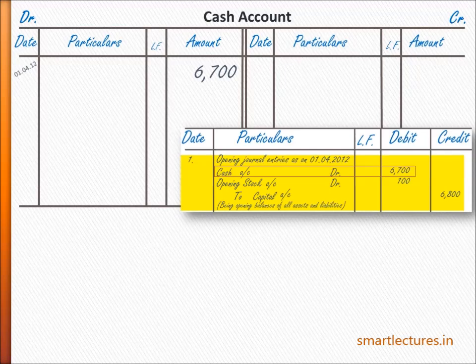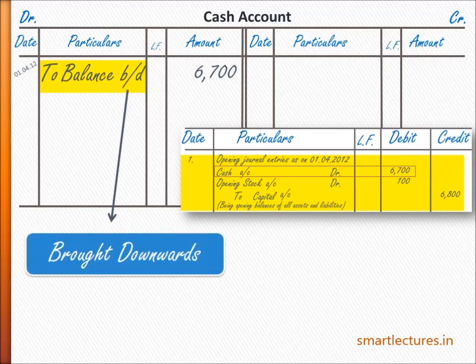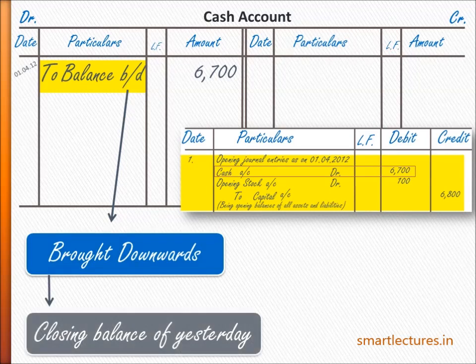Because this is the opening balance, so we'll write down to opening balance or to balance BD. To balance BD means to balance brought down, means this is the closing balance of yesterday. So you should write down to balance BD rupees 6,700.